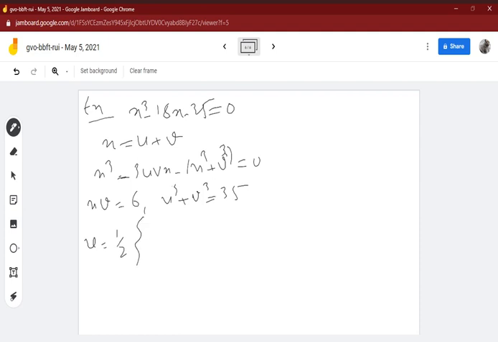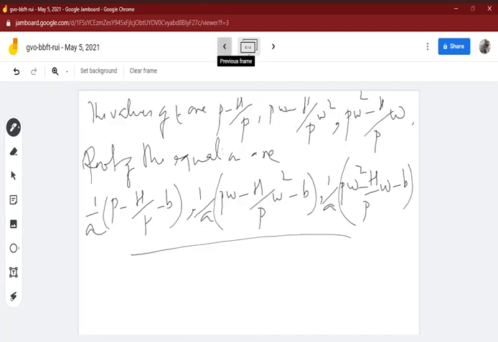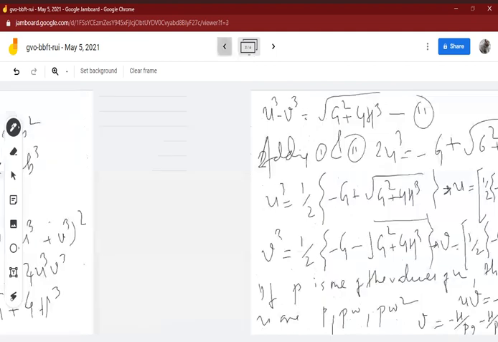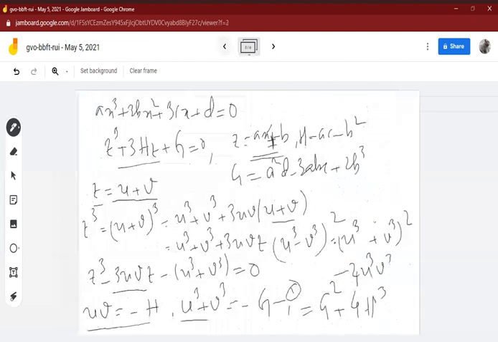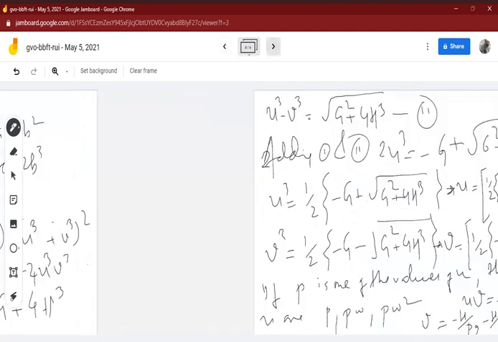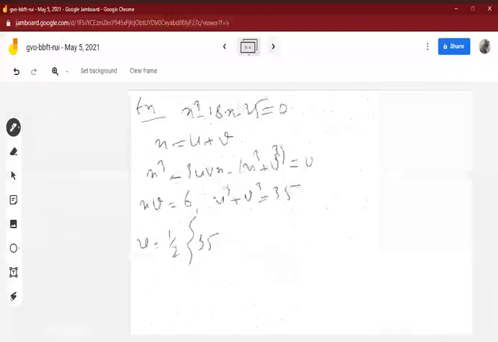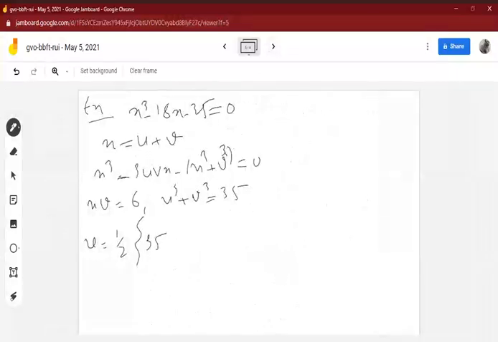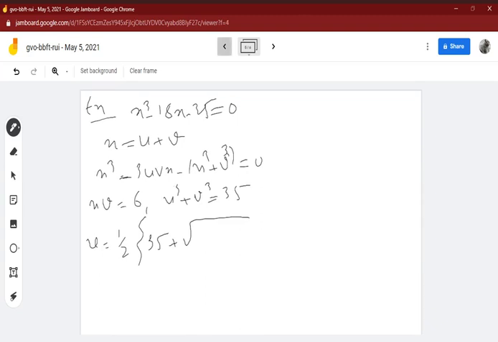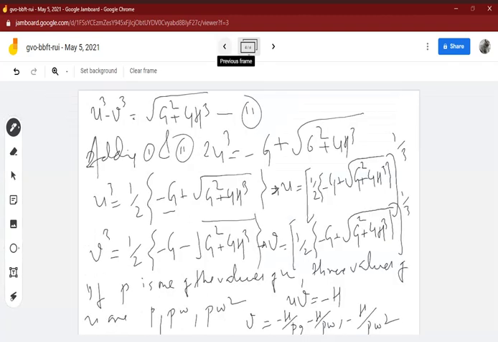So this is z, because in that case it was u cube plus v cube equals plus or minus z. It was minus z, that's why in our solution also we got minus z. Is that clear? So this is 35 plus root over g square plus 4h cube.